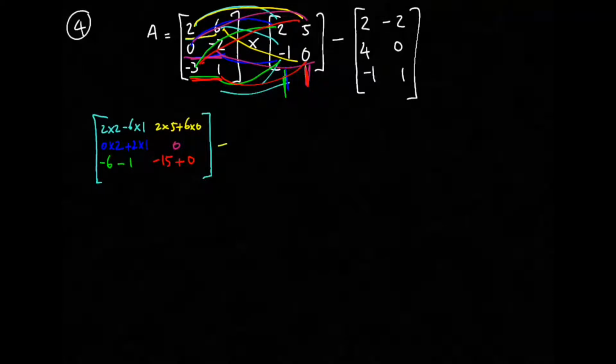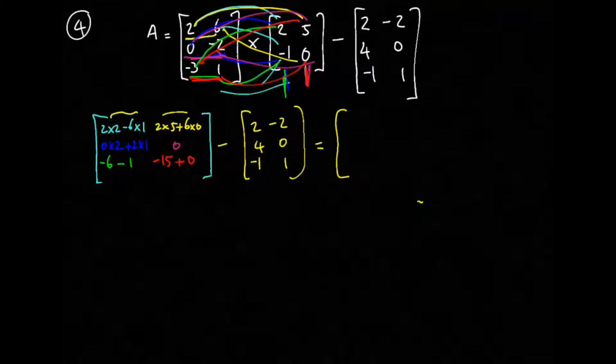Now we need to subtract this matrix here. So 2, negative 2, 4, 0, negative 1, 1. Now we're not doing that yet, but we're just keeping this in the equation. And that equals, let's just work out each one of these.